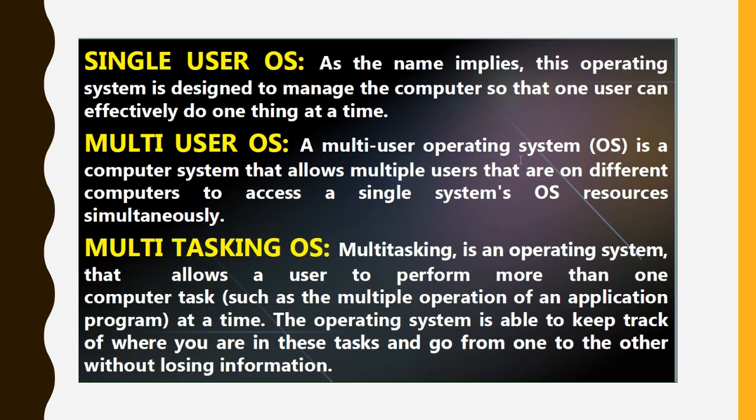It is a computer system that allows multiple users on different computers to access a single system operating system. Like we are sitting in 5 computer systems, but only one operating system runs on all the 5 computer systems.